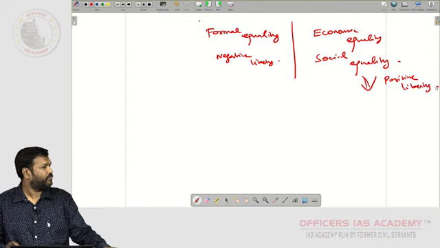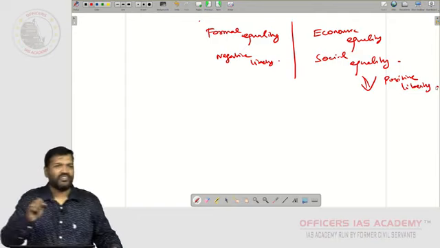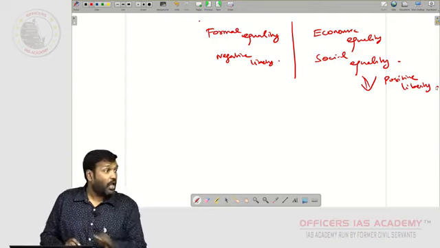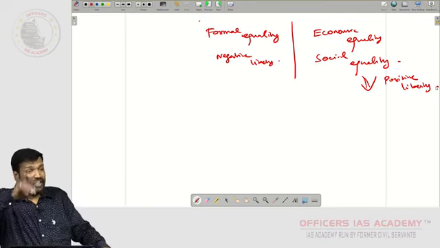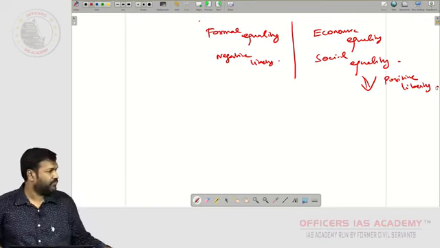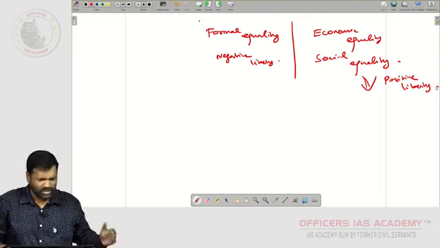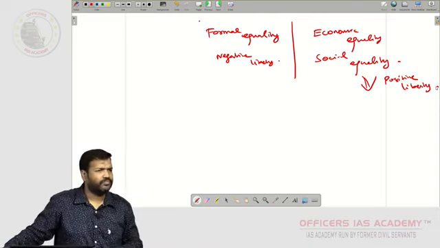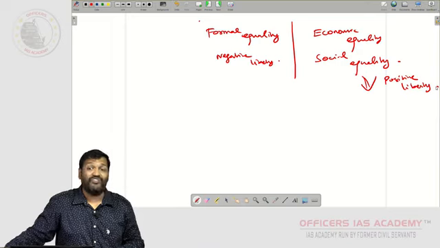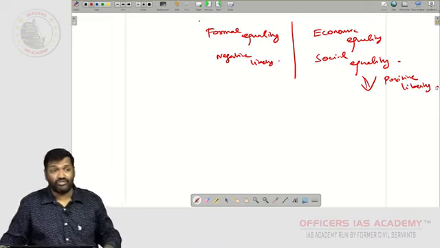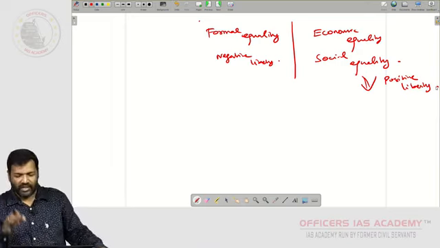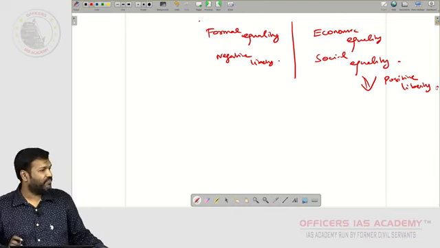Understood? So here freedom was also emphasized by certain people, but they emphasize only freedom that is enjoyed in common with others. In other words, the state was asked to do a lot of developmental roles in the case of the socialist movement.